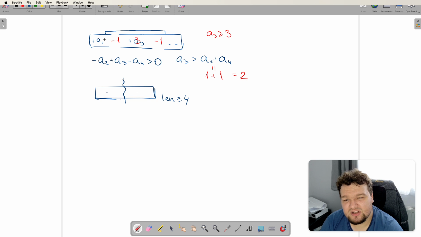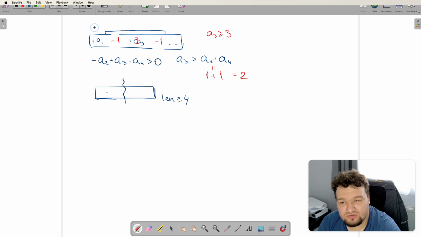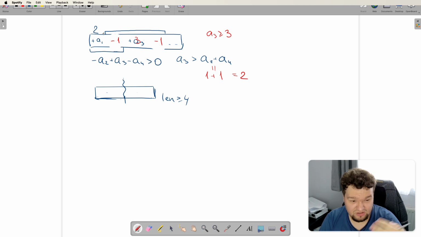But positive elements on the border, that do not have 2 negative neighbors, can be just 2, because we need this segment of length 2 to have positive sum, so it cannot be 1, but 2 is enough.